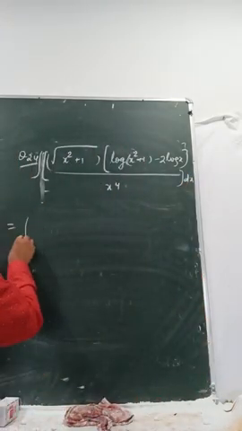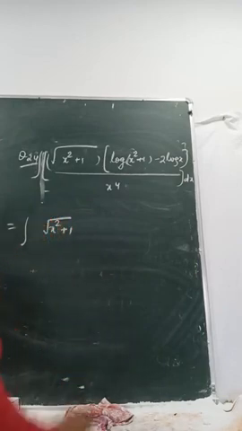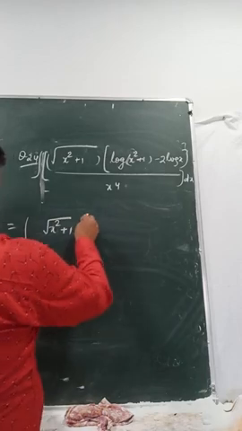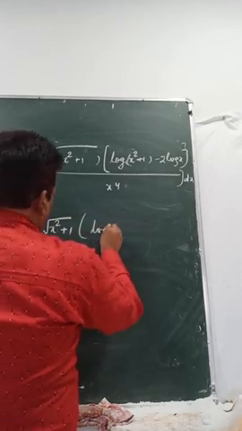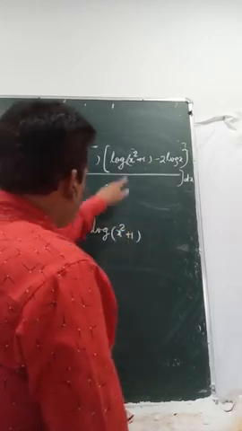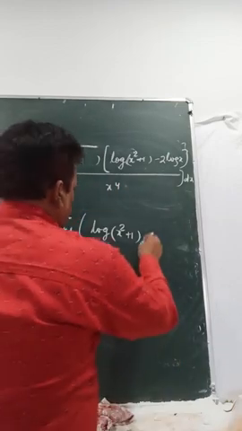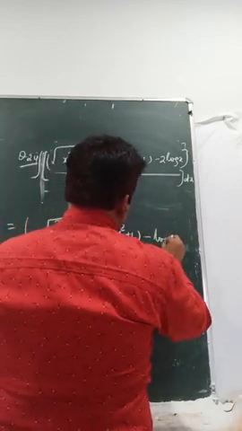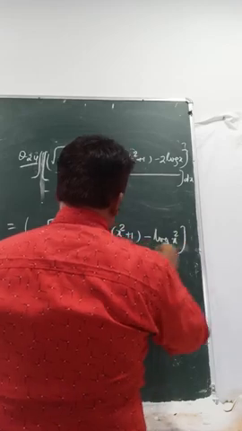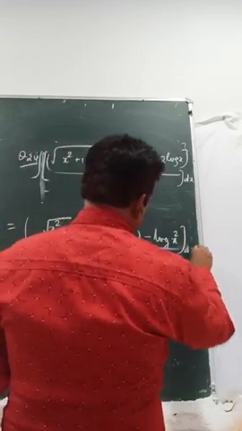This is root over x square plus 1, log x square plus 1. Let's simplify this. That will go to its power minus log x square, divided by x to the power 4 dx.